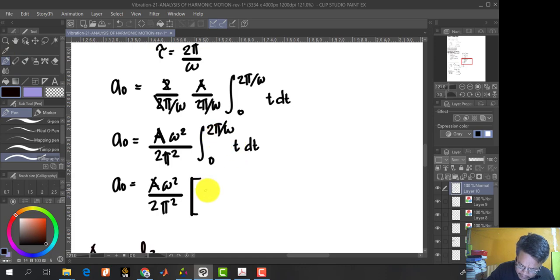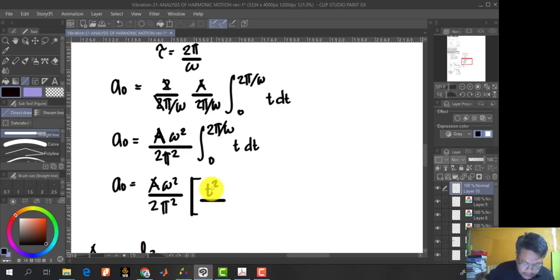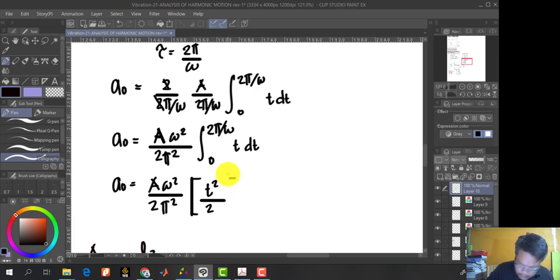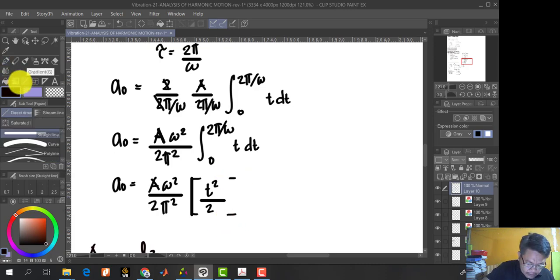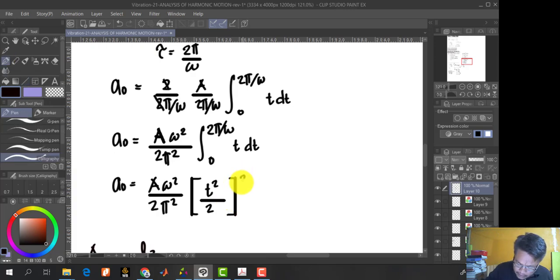So that will be t squared. This will be all over, usually when we integrate this, that will be 1 plus 1, then all over by 2. So under it is 2, and we close the bracket since we have the boundary, which is 2 pi over angular velocity, then 0.